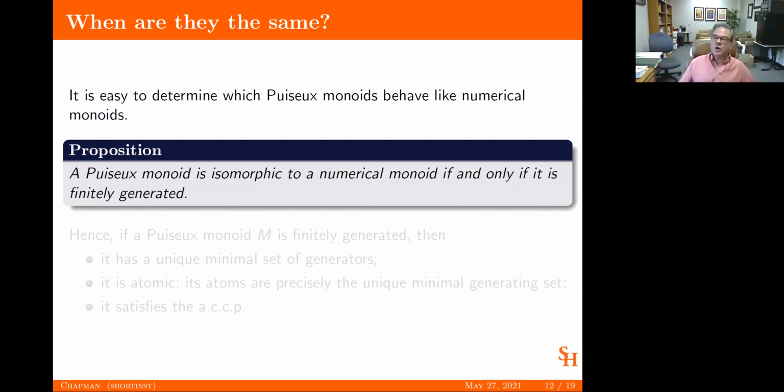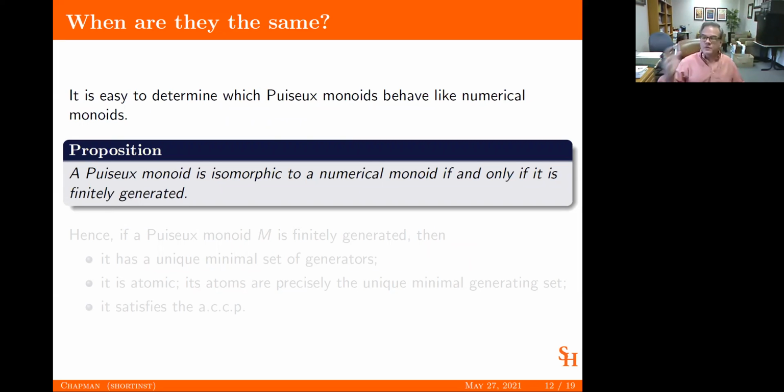It's easy to determine, and one of the reasons I did stop with the previous slide and look at this comparison is it's easy to determine which Puiseux monoids behave like numerical monoids. And this is not hard to prove. A Puiseux monoid is isomorphic to a numerical monoid if and only if it's finitely generated.